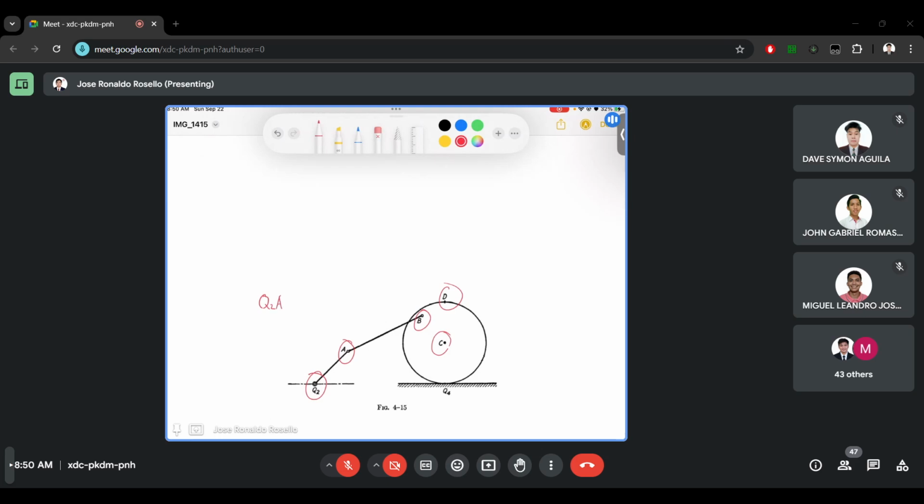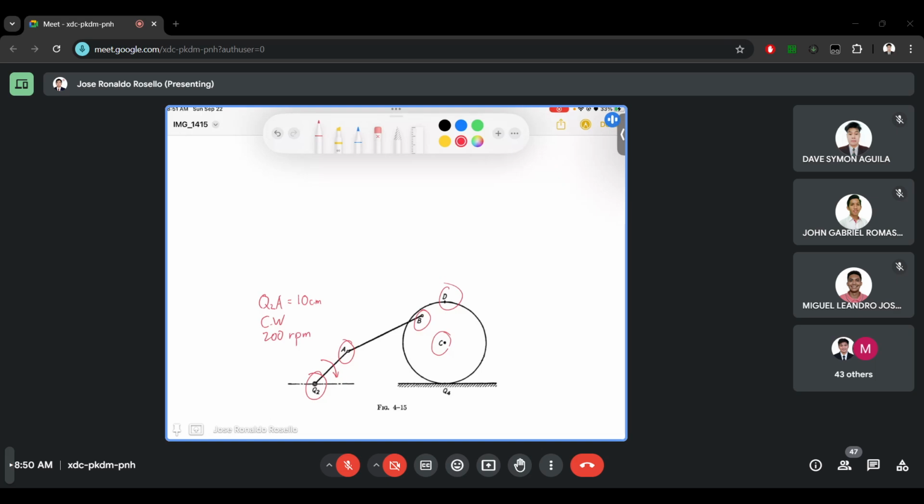Let's say it is 10 centimeters, and it is turning clockwise, so to the right is its turn. And its speed is 200 RPM.